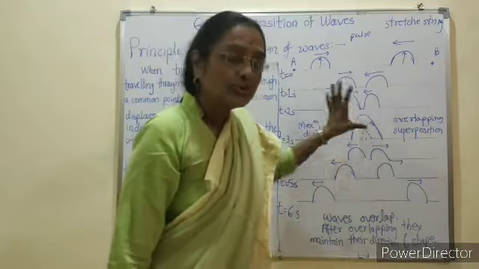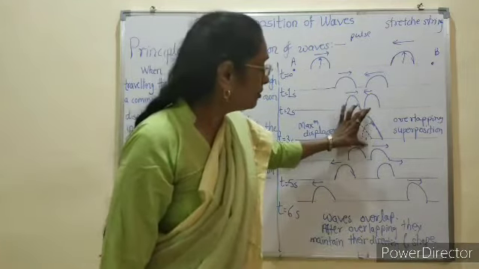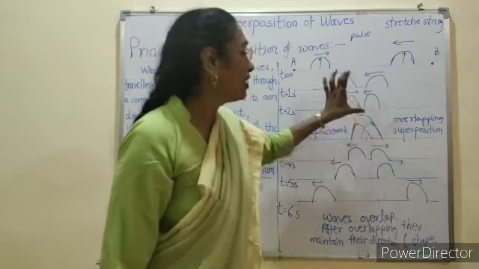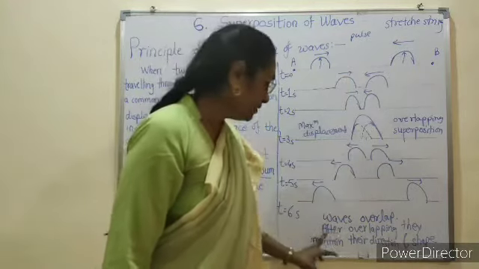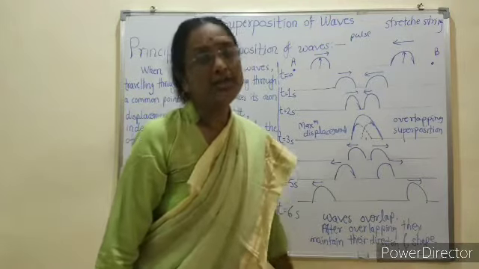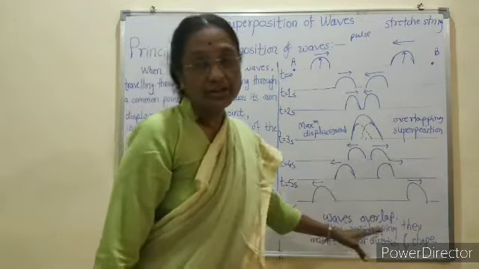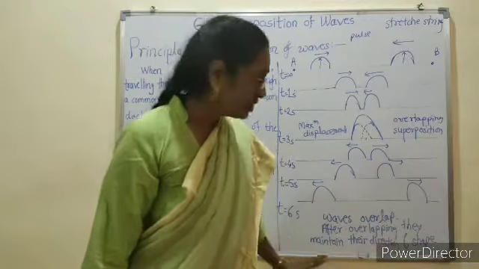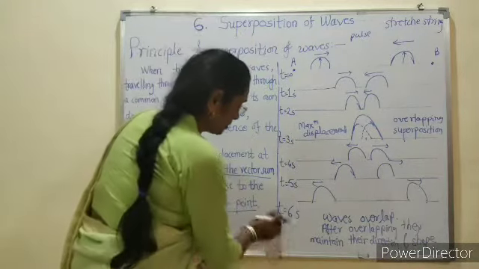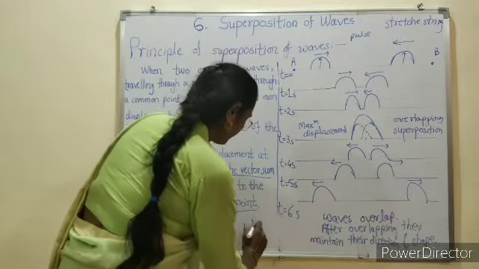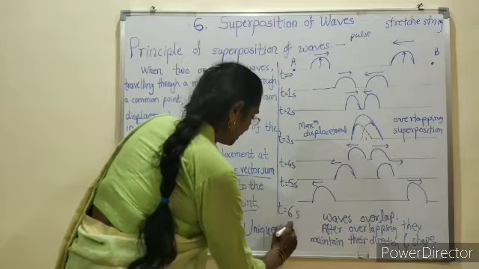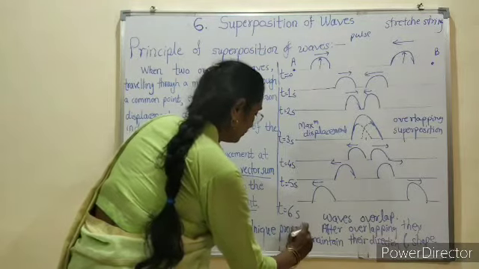We observe the maximum displacement at the point where they cross, where they overlap, but after overlapping, they maintain their direction as well as they regain their original shapes. This is the unique property of wave.